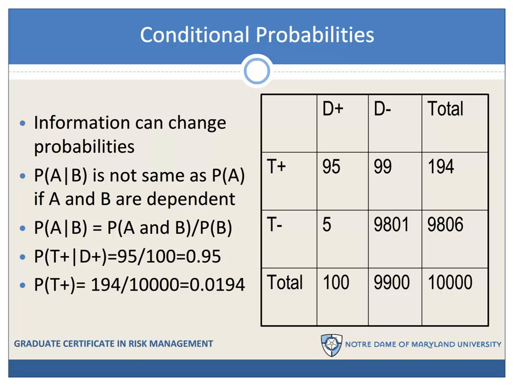Of those 100 people, how many test positive? 95 out of 100 do. So the probability of testing positive has increased to 95% from that slightly less than 2%. And these are the numbers that we had on the event tree just a couple of slides ago. So this notion that information can change probabilities is a powerful notion.